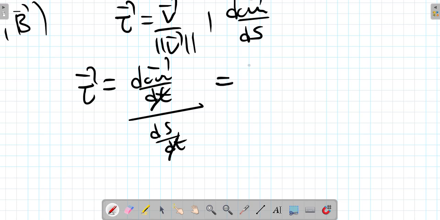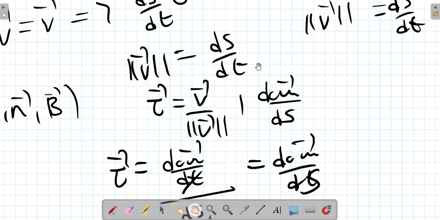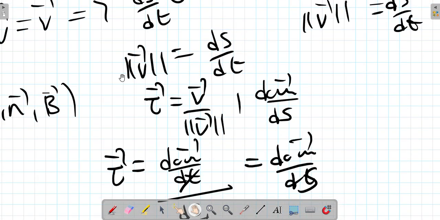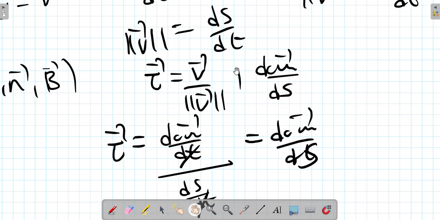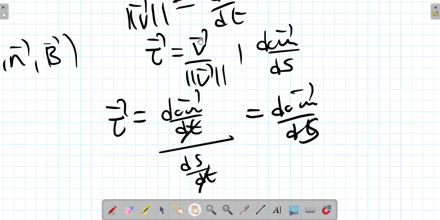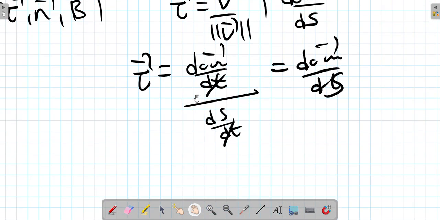What are we going to have? dOM over ds. So if you can't remember the first definition of tau, at least remember this definition of tau, and also remember that the magnitude of a vector can also be the derivative of the abscissa curviligne with respect to time. This definition is very important.